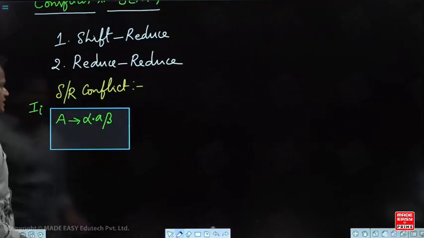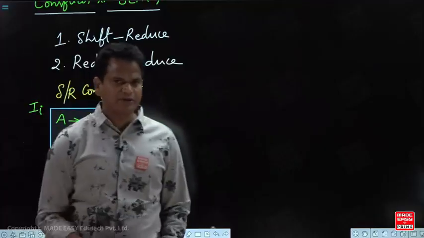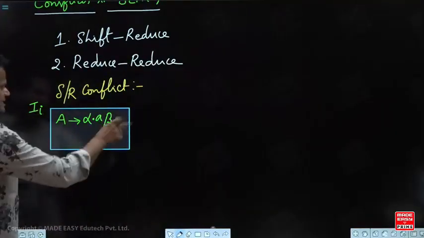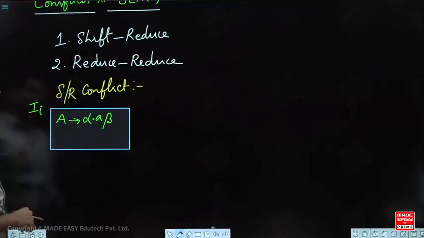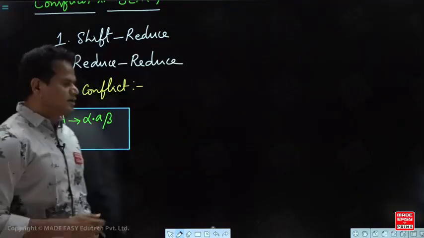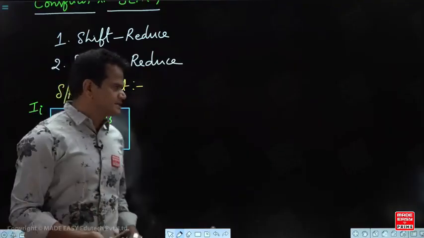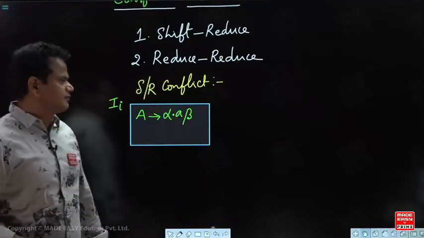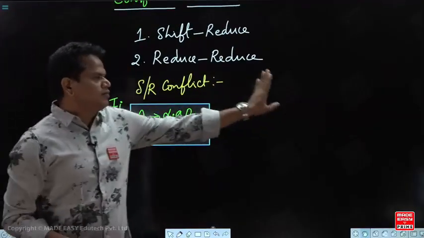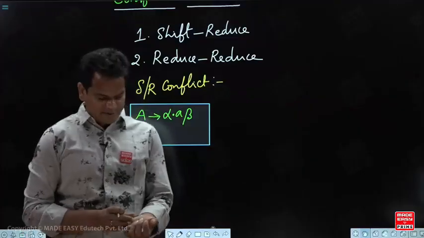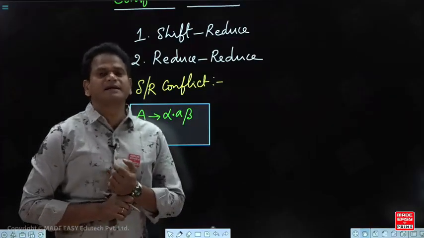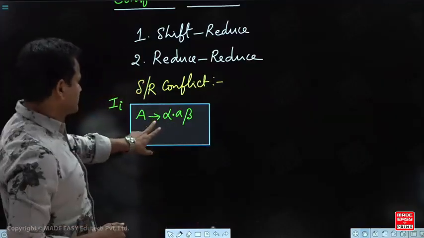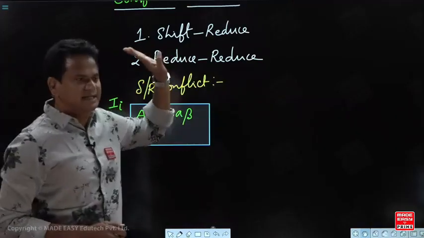We have a production A goes to alpha dot a beta in some state, let it be Ii. Now just tell me guys, every one of you, for this production, how will you make the entry in the table?